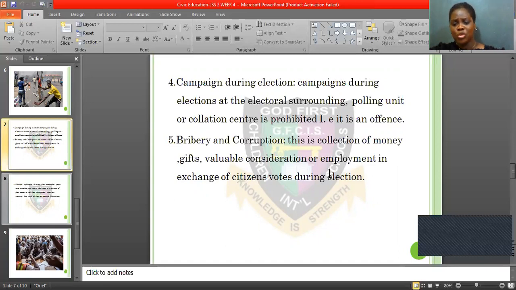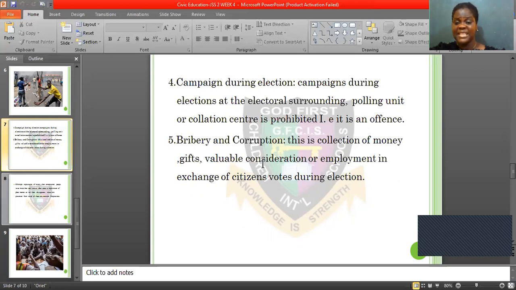Bribery and corruption is another way that the politicians and the political parties use to collect people's votes. They give them money, they give them valuable things, they give them considerations, they give them employment, they promise them heaven on earth. And at the end of the day, they would first of all siphon money into their own pockets before they will remember to do whatever they promised the electorate even during campaign.